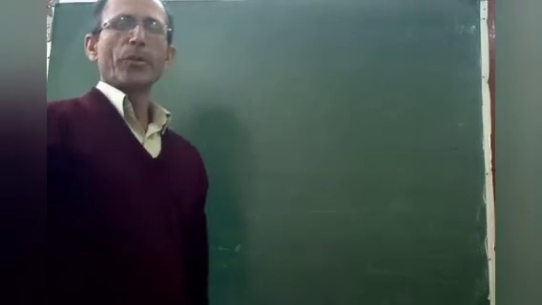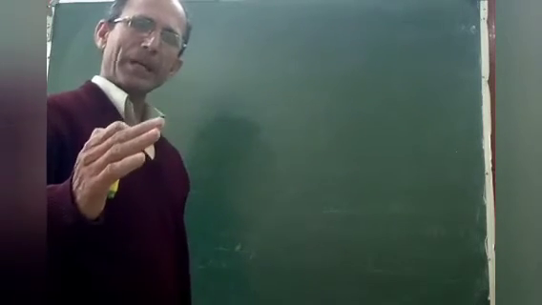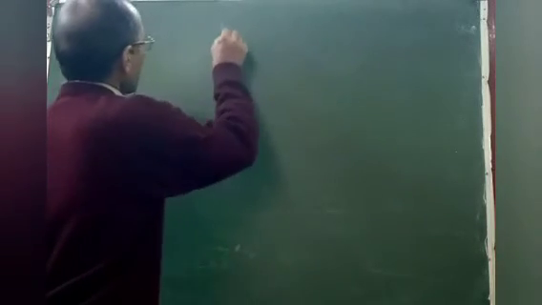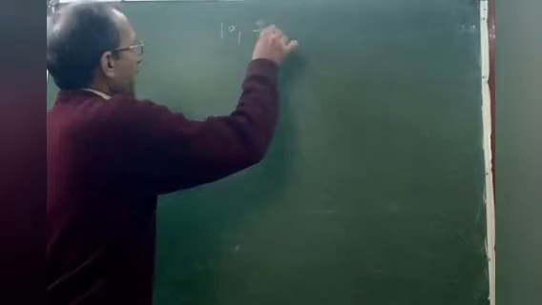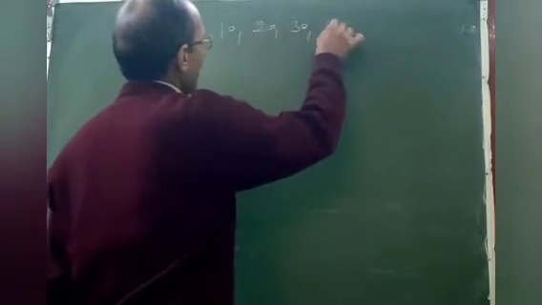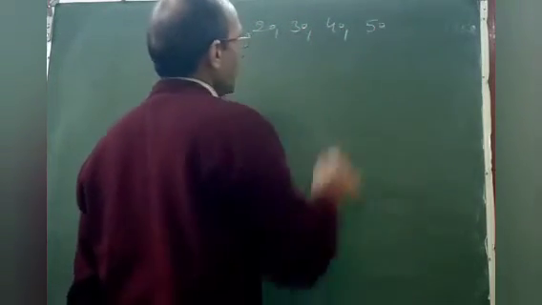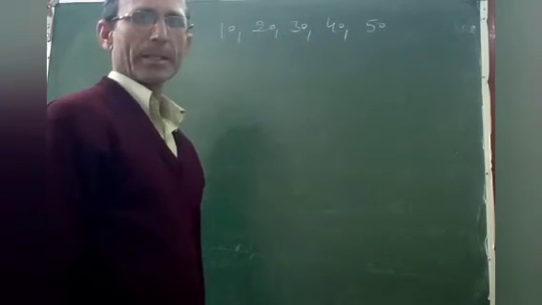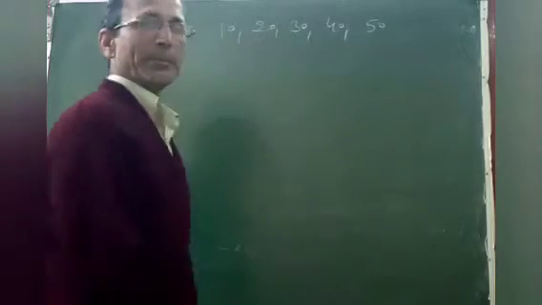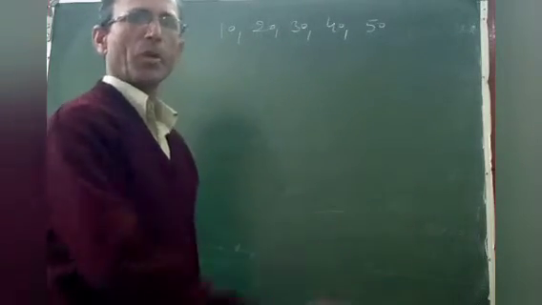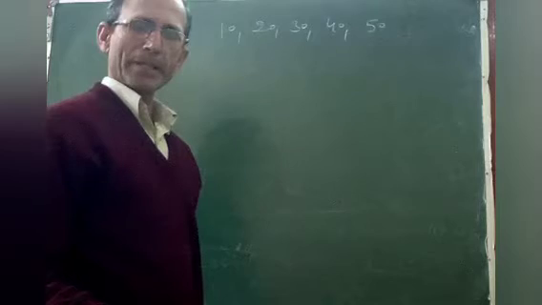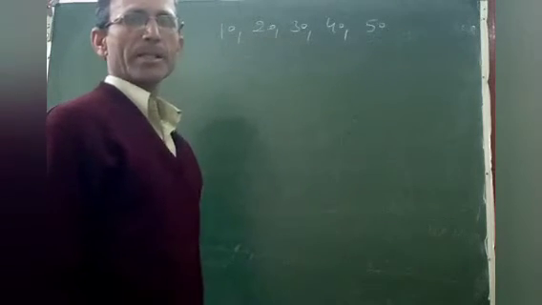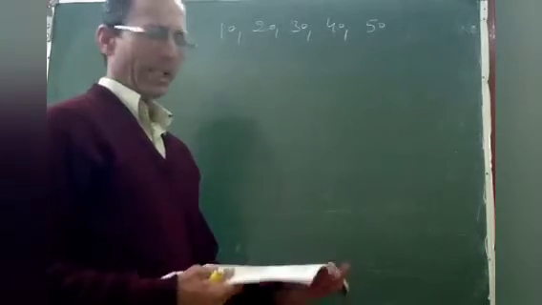Multiples of 10 means which are coming in the table of 10. 10 ones are 10, 10 twos are 20, 10 threes are 30, 10 fours are 40, and 10 fives are 50. So these are the multiples of 10. Is it clear? So the first is 10, second is 20, third is 30, fourth is 40, 50. These are the first 5 multiples of 10.